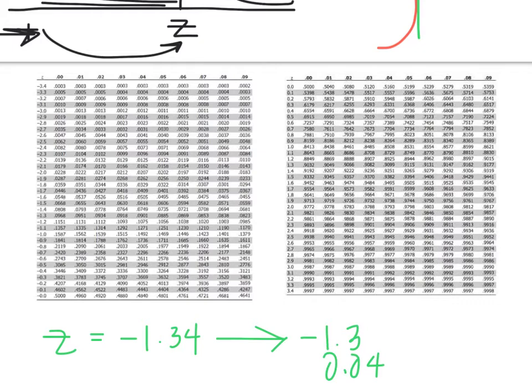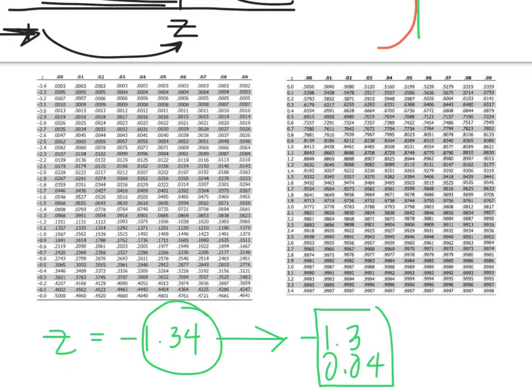Take note, negative 1.3 plus 0.04 is negative 1.34. So 1.3 and 0.04 together will make negative 1.34.